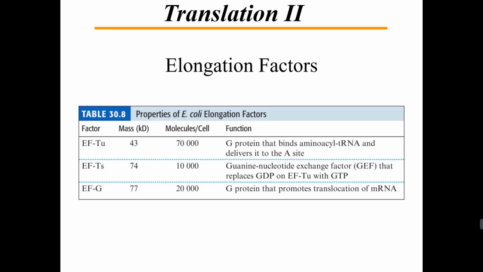And again, we know that EF2 is bound to GTP, and this helps deliver the aminoacyl tRNA into the A site. EFTS will help exchange GDP for GTP on EF2, so it's a guanine nucleotide exchange factor. And then finally EFG, which is the translocase, helps promote the translocation of the mRNA.